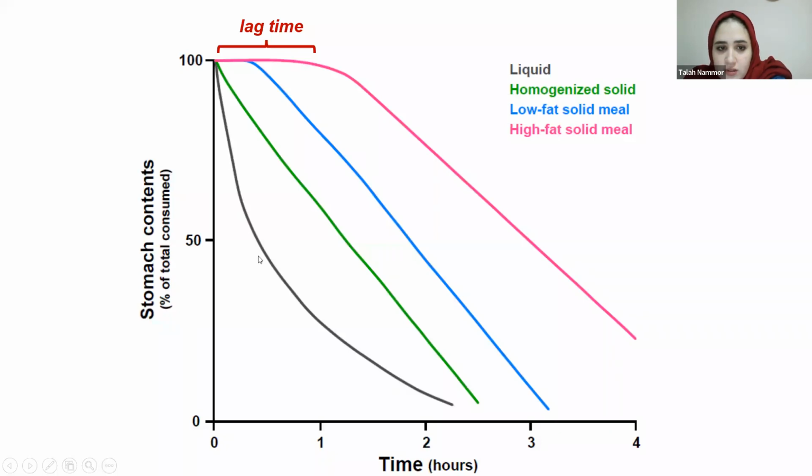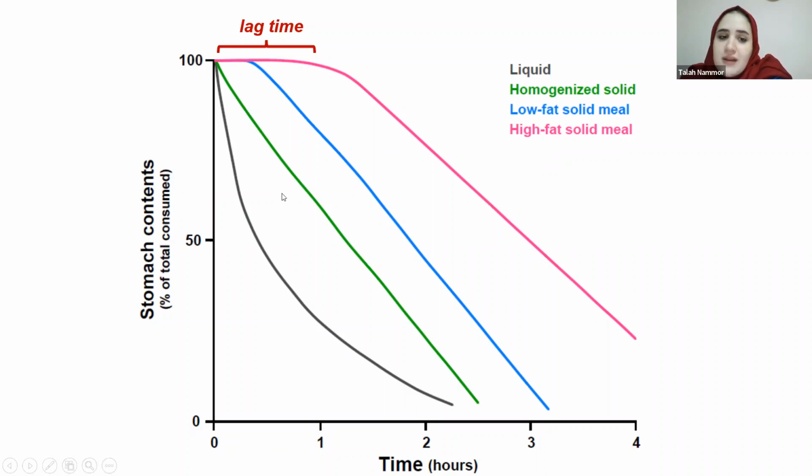You see, a huge amount of food is getting rapidly emptied. And the funny thing to me, honestly, is that when we have a lot of liquids, as the volume of liquid increases, the emptying is faster. If we have a small amount of liquid, the emptying is not going to be as fast as if we have larger amounts. Okay, this is just things that you guys have to memorize.